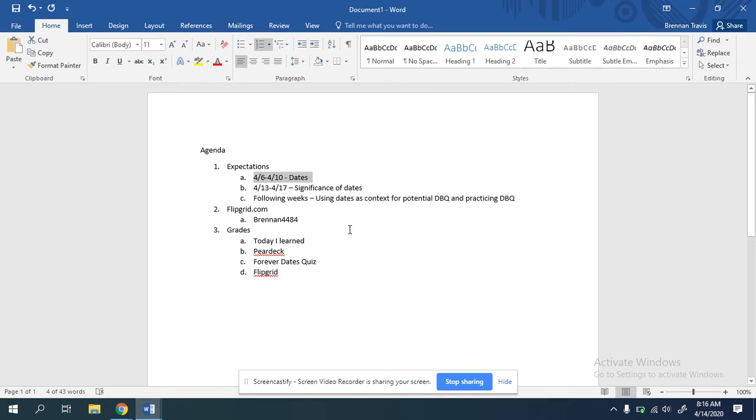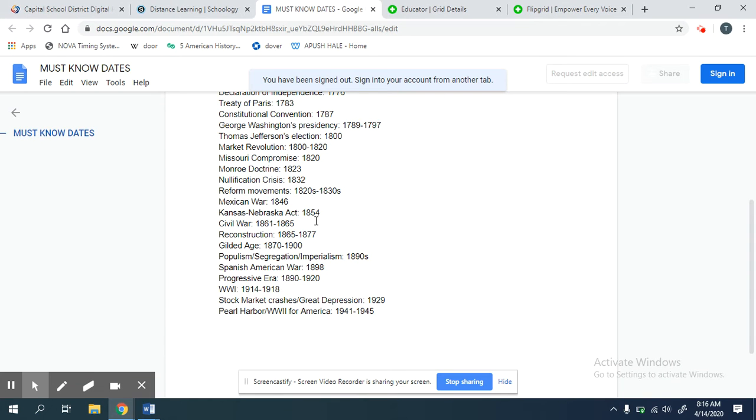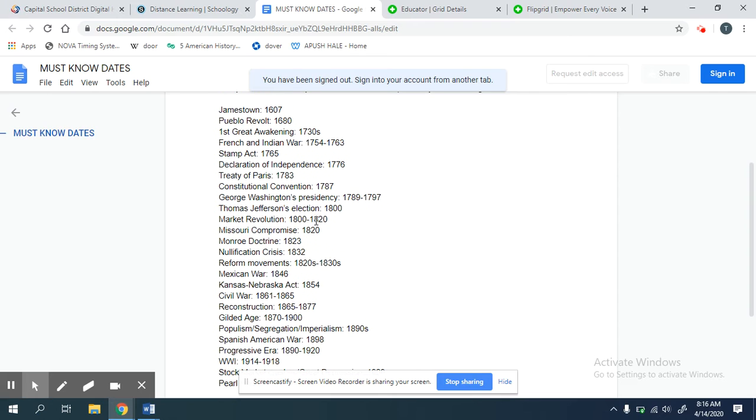Now, this week, we are using a new platform called Flipgrid, which I'll explain to you all in a couple minutes. But we want to look at the significance of these dates. It can be argued that all of these dates on here are significant and could be massive turning points in their own right.